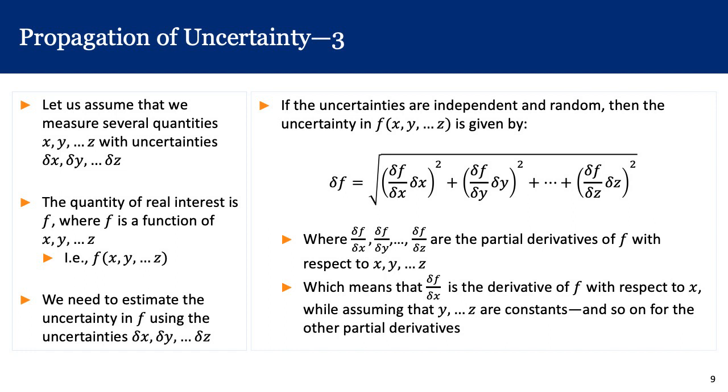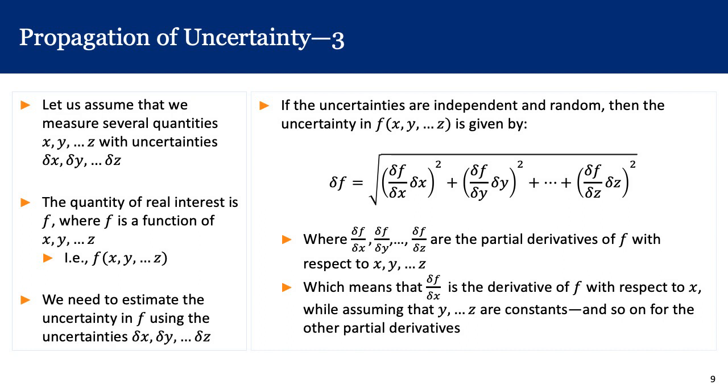There is a well-known theorem in calculus that we'll use to determine this uncertainty in our dependent variable, which is the concentration. In the most general case, let's assume that we are measuring several quantities, x, y, z, and so on, each one with an uncertainty delta x, delta y, delta z, and so on.